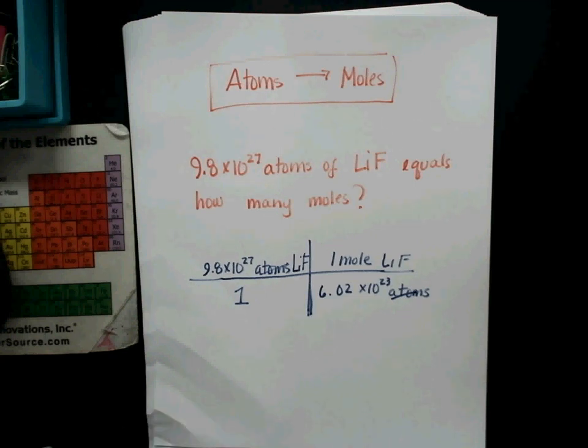So put in your 9.8 times 10 to the 27th and hit your enter key. And then divided by, and put your 6.02 in parentheses.